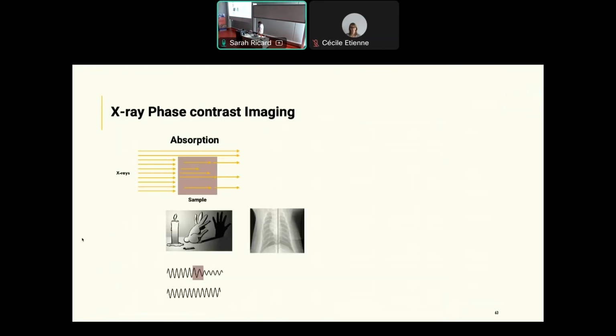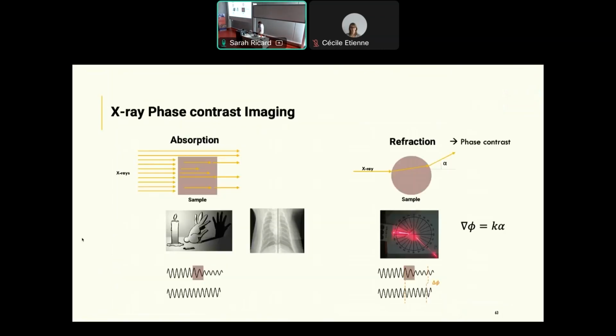So to do such a thing, we need to go back to this property. What is important to see here: we are measuring absorption. This is quite easy. This is the number of photons that are crossing, and from a wave perspective it's a smaller amplitude. And what we are also measuring is this phase contrast.